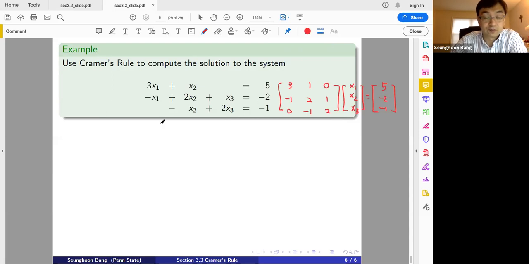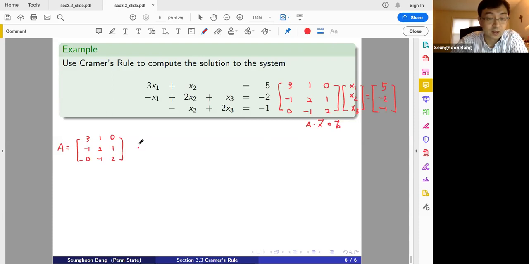So we have it. The next is the same as A times vector x equals vector B. So we have matrix A: 3, minus 1, 0, 1, 2, minus 1, 0, 1, 2.